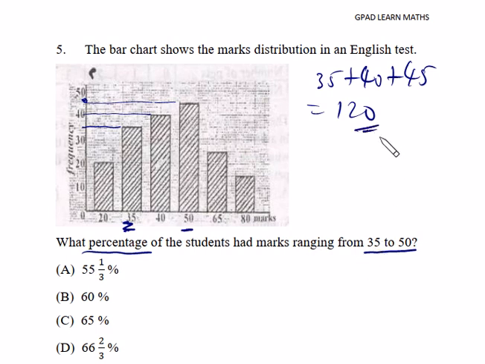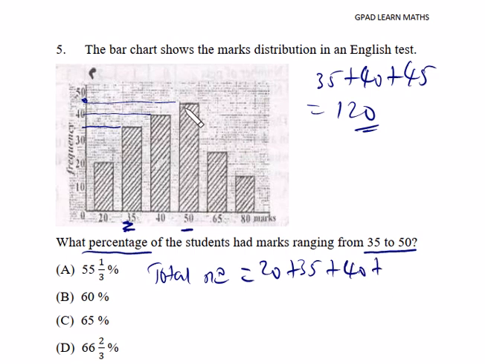Is that okay? But now we need to find the number of students that took the English test. How do we get that? We have to start adding them one by one. So for 20, the total number of students that took the test. So the first one is 20, that's 20 there, 20 plus the next one is what, 35. The next one is 40.